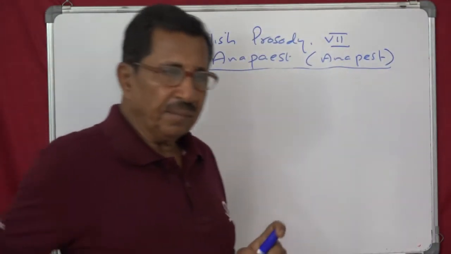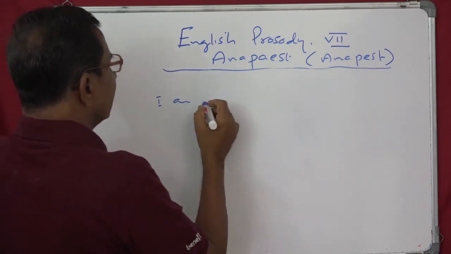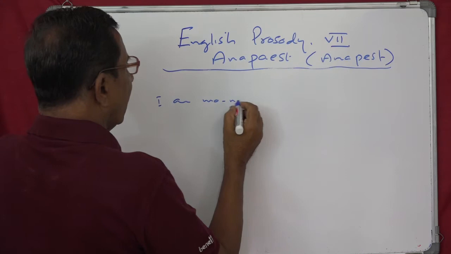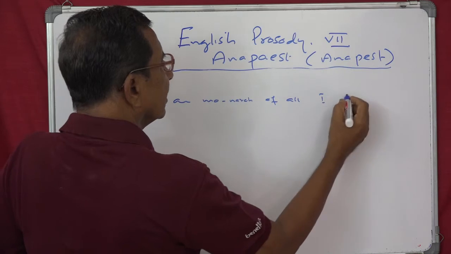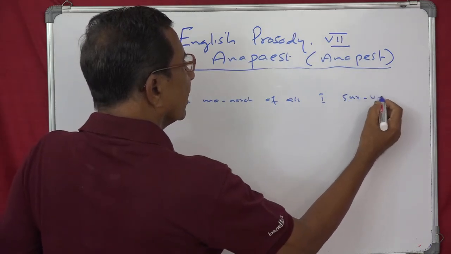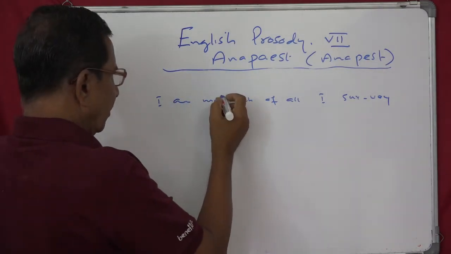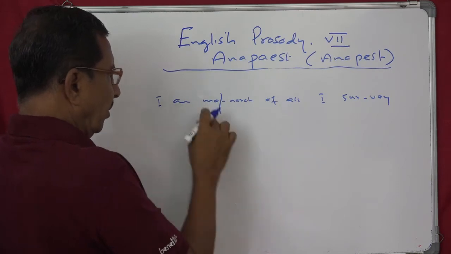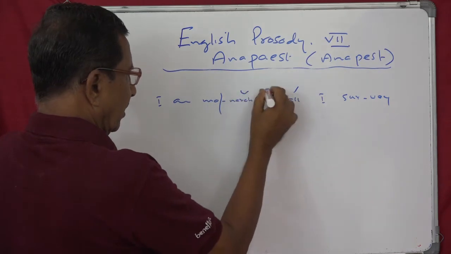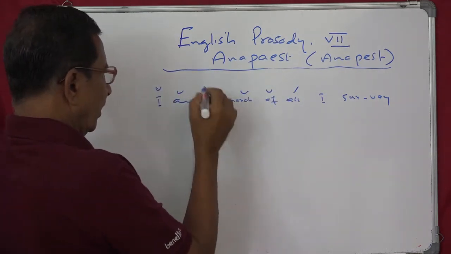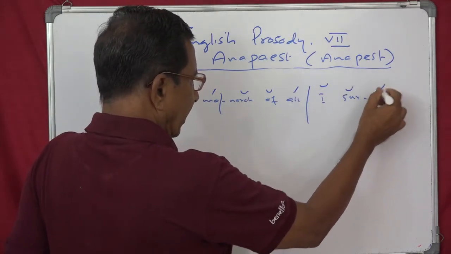So there is his I am monarch of all I survey. See that? Monarch of all. I am monarch of all I survey.